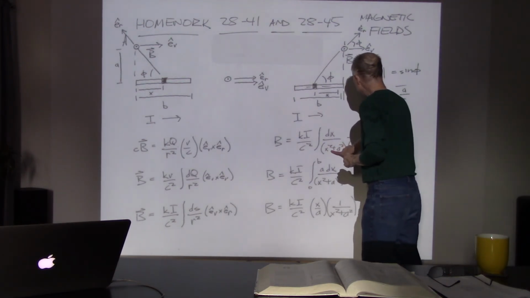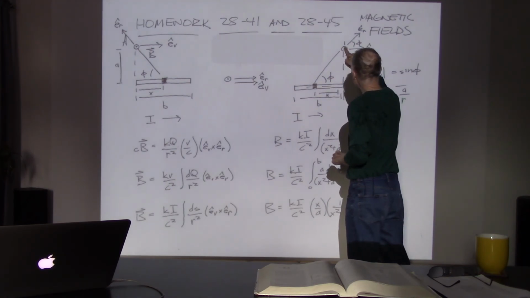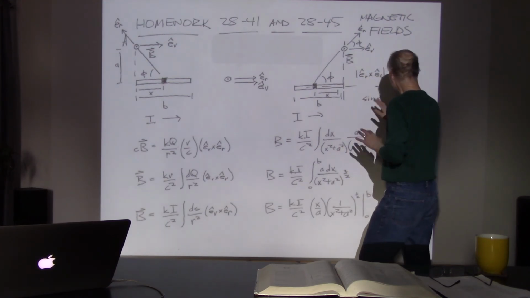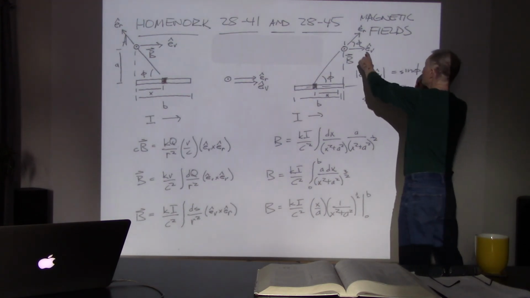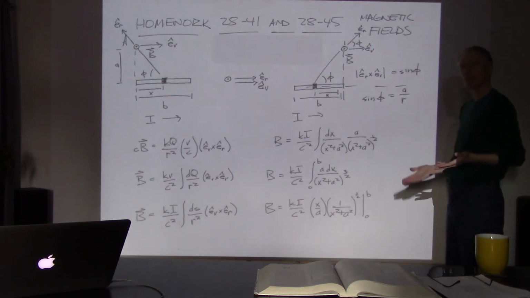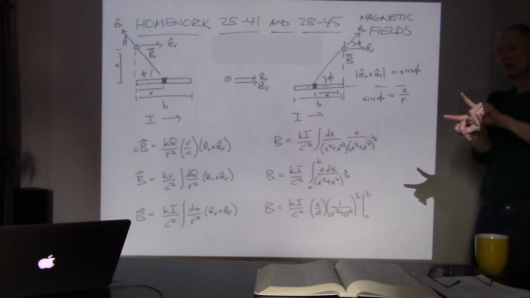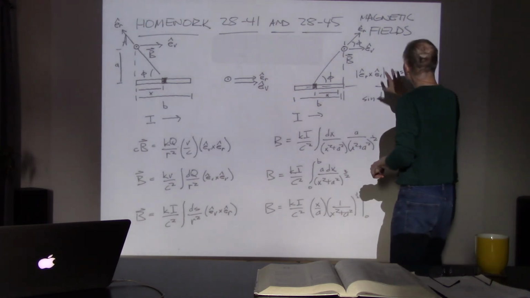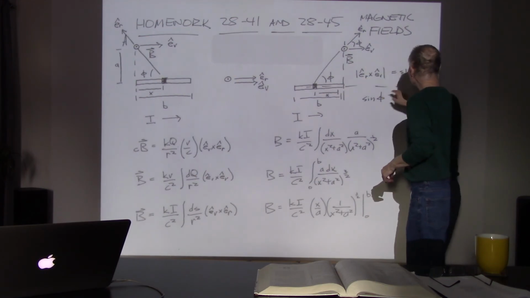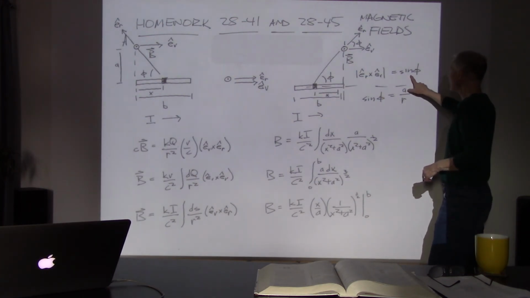So we're setting everything up. We need to get distance measured. The distance from here to that point is the square root of x squared plus a squared. So we've got the distance in there. We're also going to pick up a factor of sine phi, because this time the two unit vectors are not perpendicular. So there is a non-perpendicular angle between those, and so the magnitude of our cross product will leave us with a factor of sine phi.